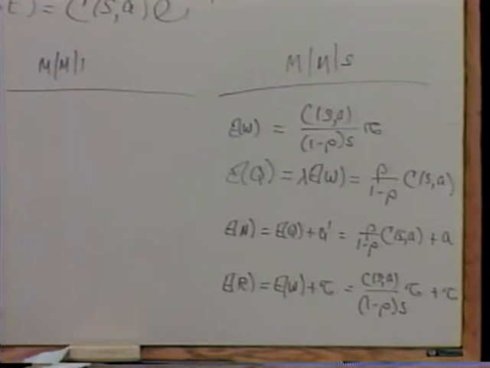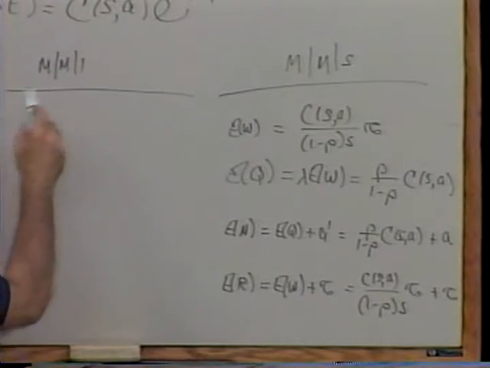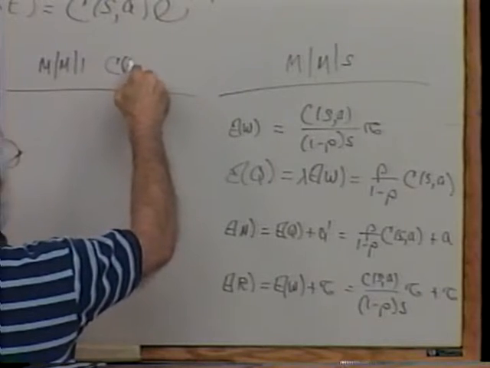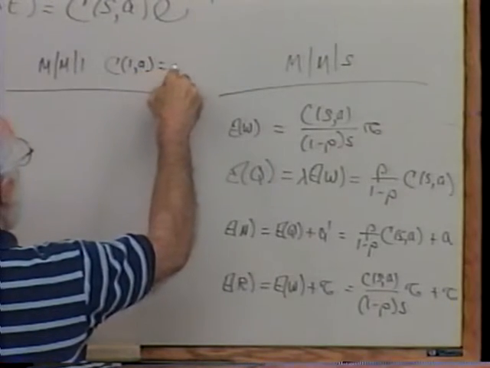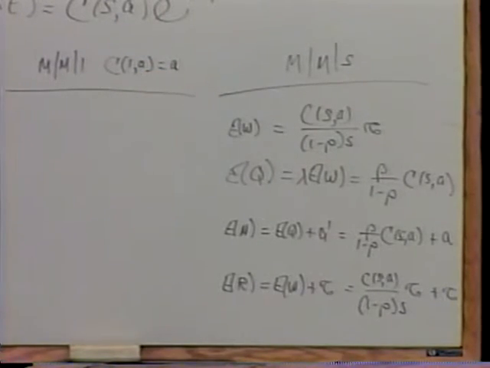OK, now for MM1, of course, the Erlang C, well, what do we have for MM1? I can write C of 1A is equal to A. That just comes right out of the formula.